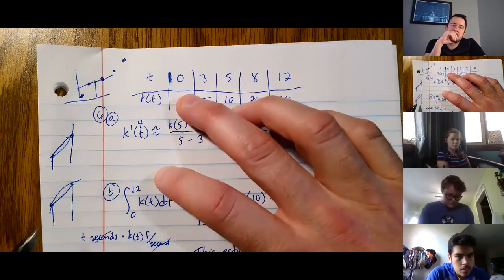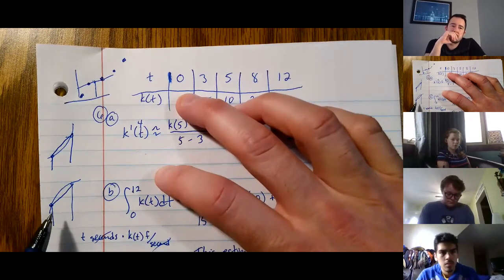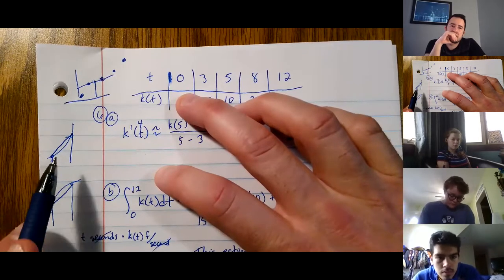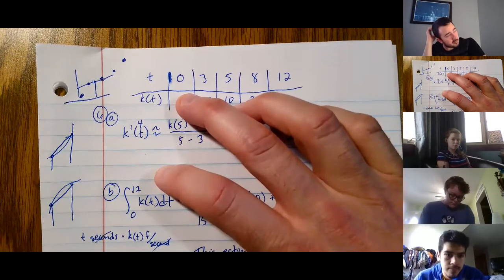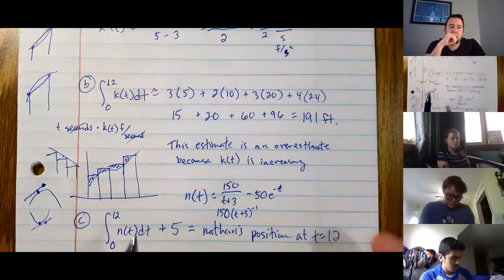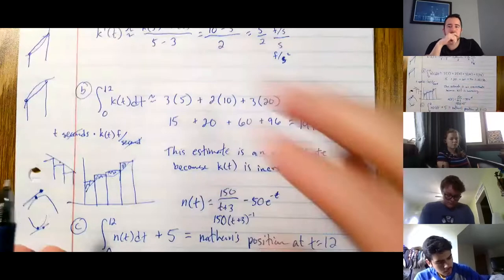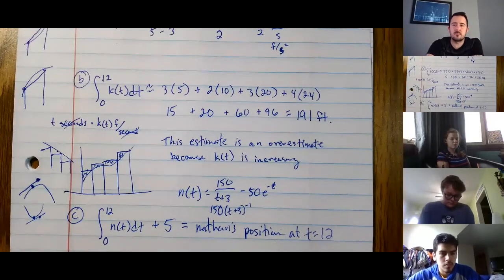So do you see how those two would work? It wouldn't matter if the function was increasing or decreasing. It would matter in this instance whether the curve is concave up or concave down. And that has been a question that has shown up in one of these given a table of values, Riemann sum estimate questions. But in that case, it would be a trapezoidal sum question. Okay. Any questions on that?